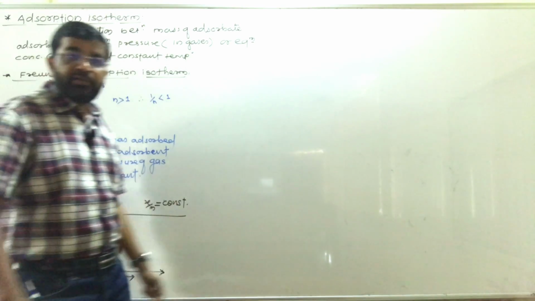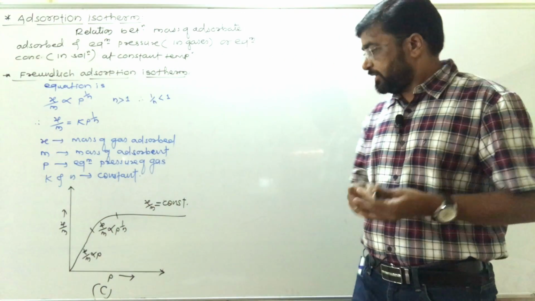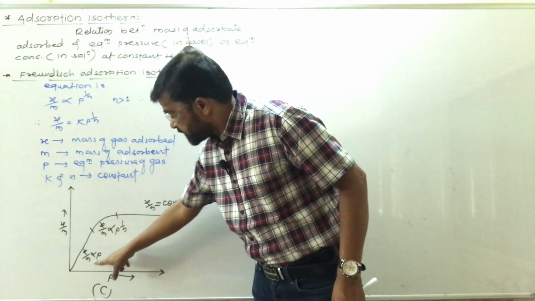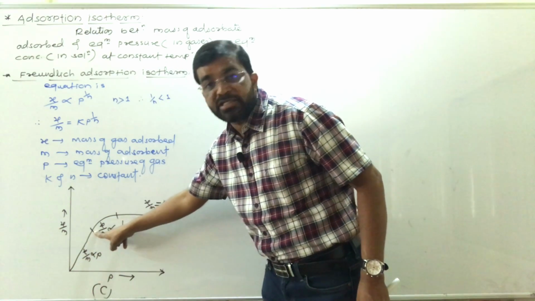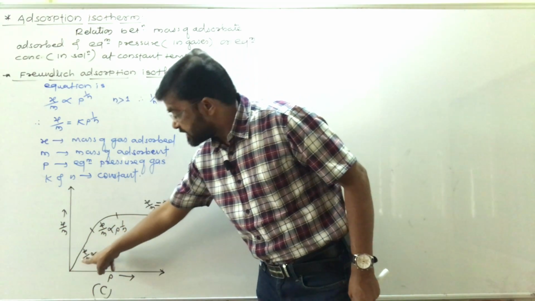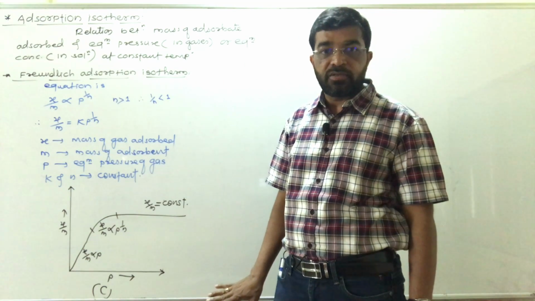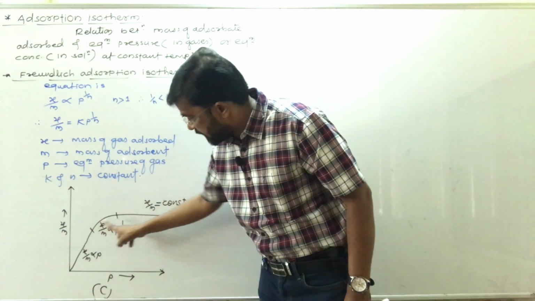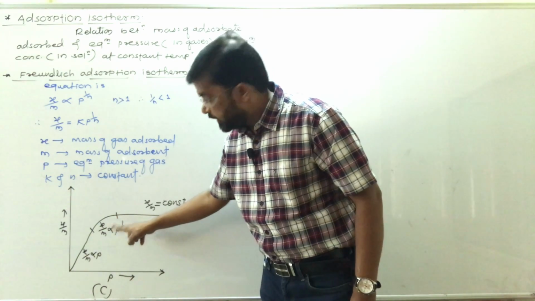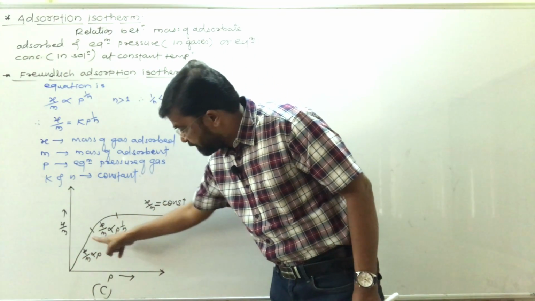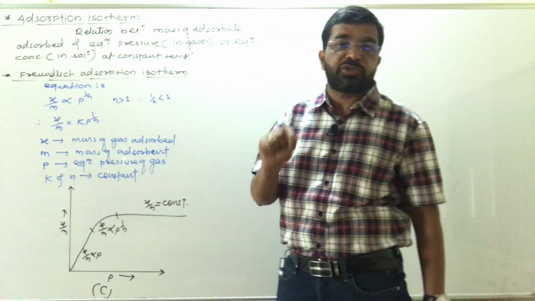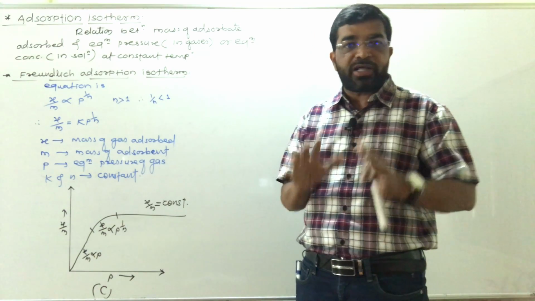What is its meaning? Its meaning is that at low pressure, to the extent we increase the pressure, adsorption also increases, right? But from this point onward, to the extent we increase the pressure, adsorption does not increase in the same proportion.